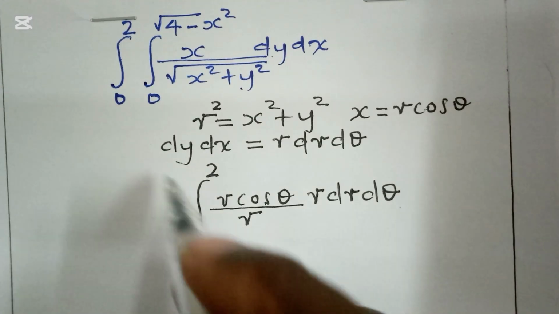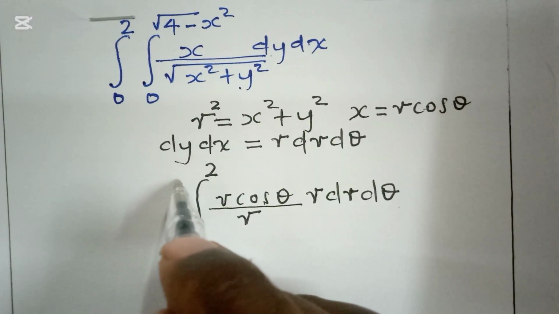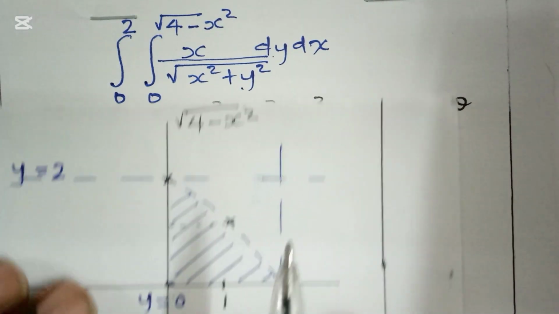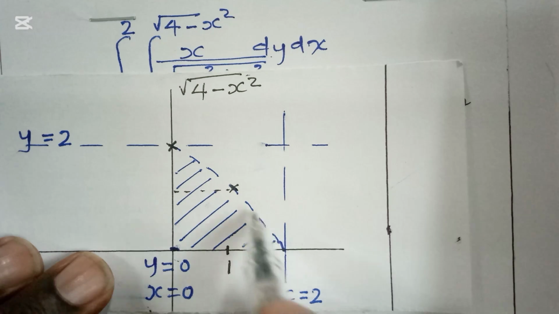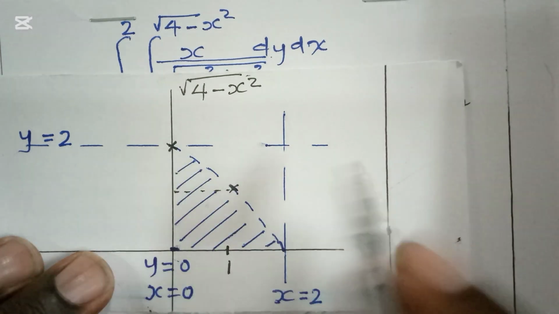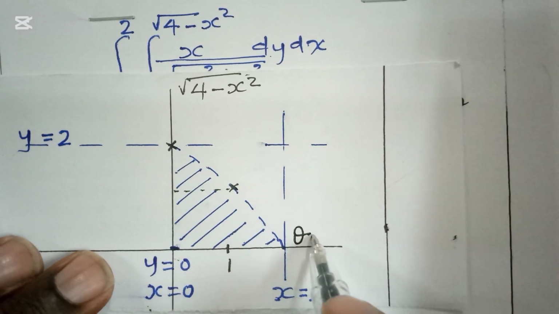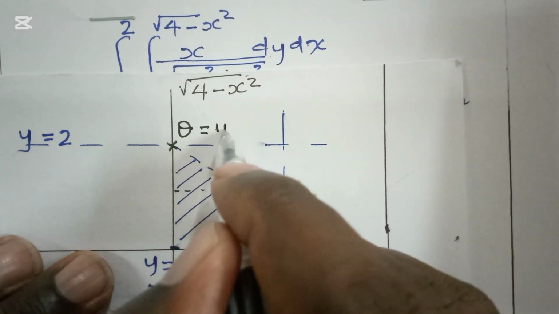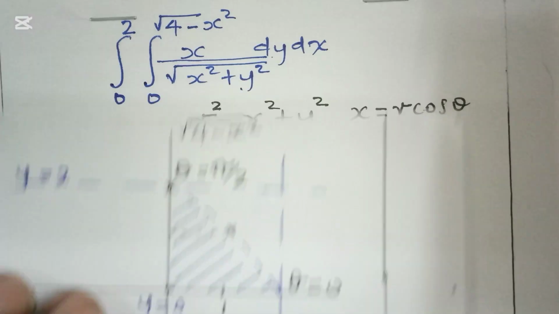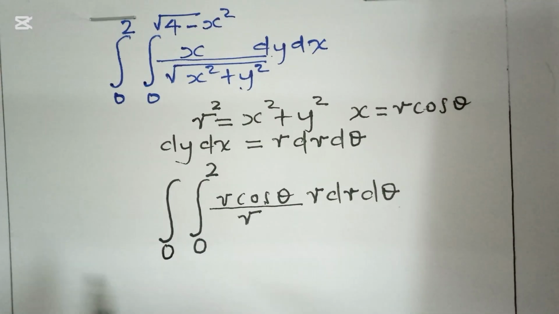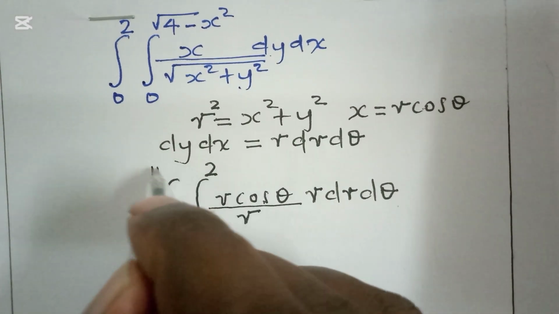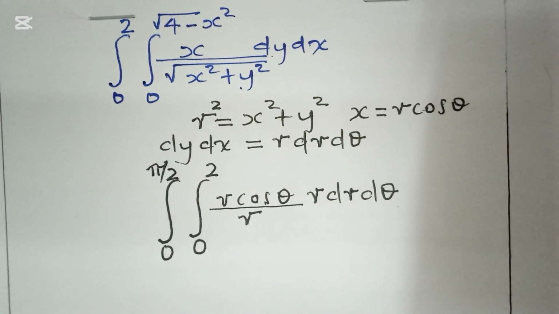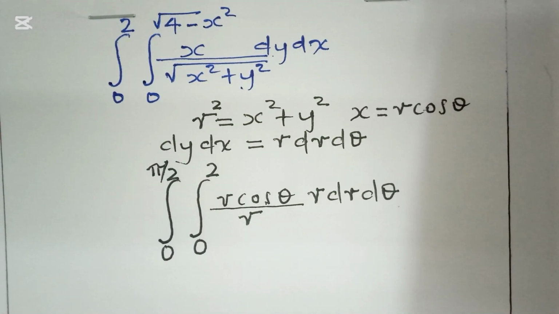And then we are going to integrate yet again with respect to theta along the circumference, theta equals 0 to theta equals pi over 2. And so we put here 0 up to pi over 2. Therefore, now we have formed our equation of integration.